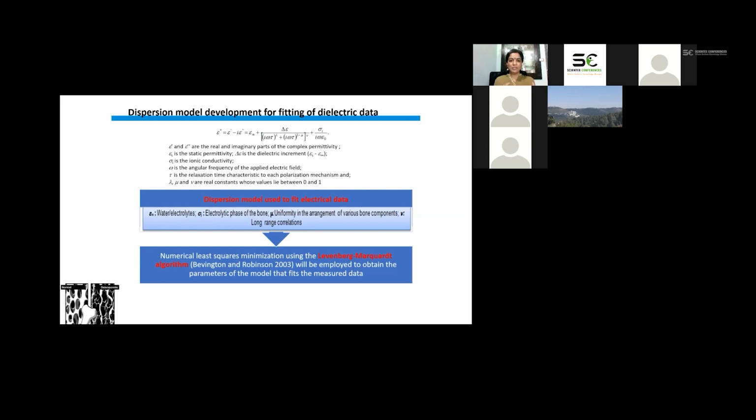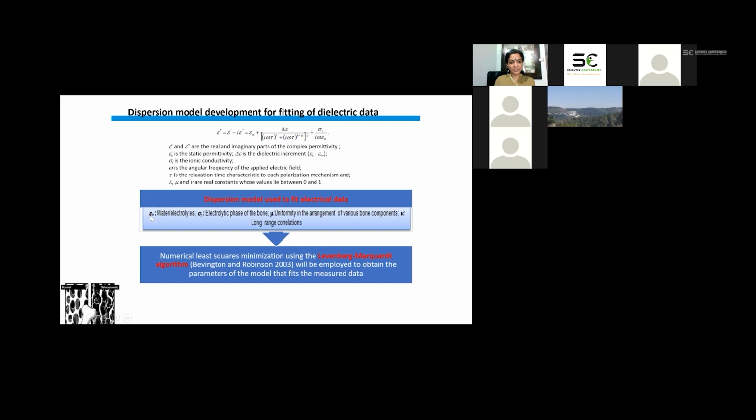This is one model which has been used previously by Cole, and it has been designed out of that particular model. So we have put this equation to fit the data, and we have got these parameters which we have related to different bone quality parameters.